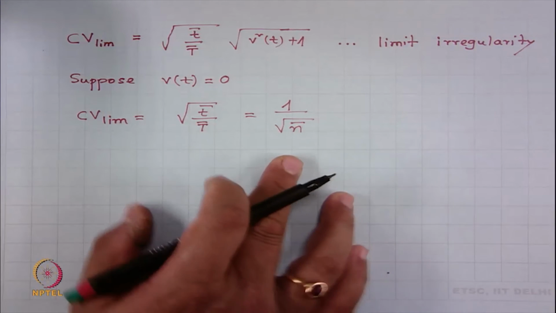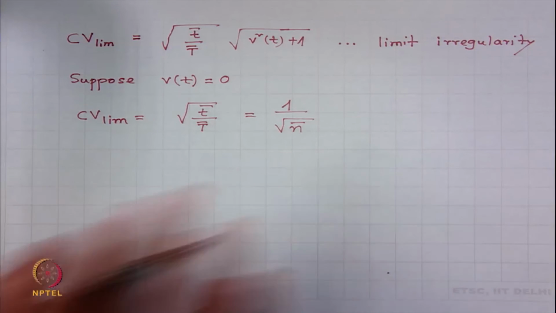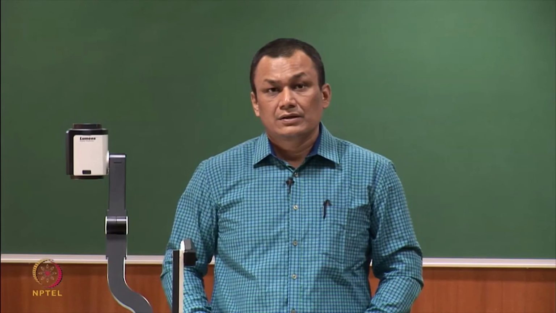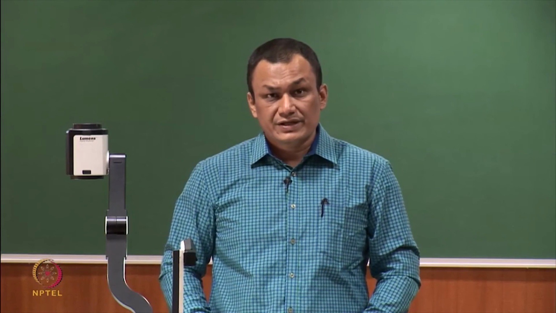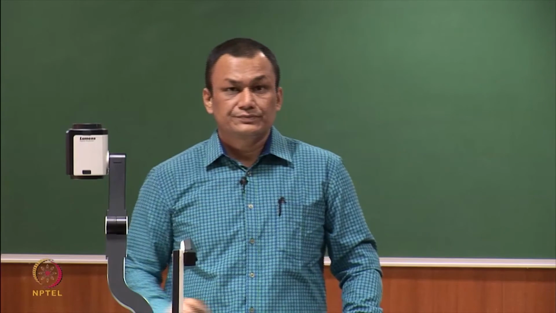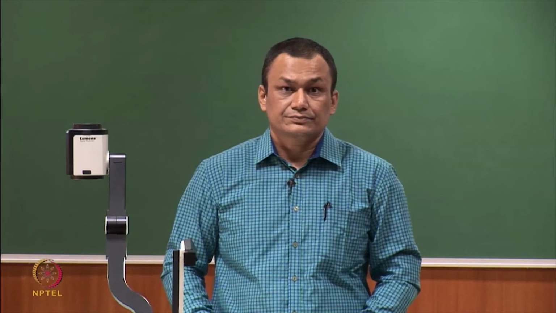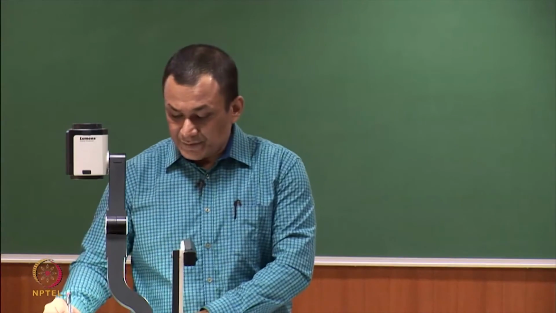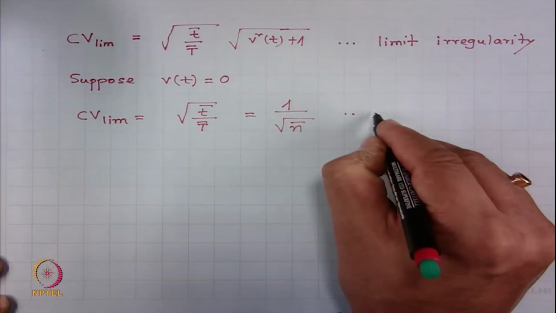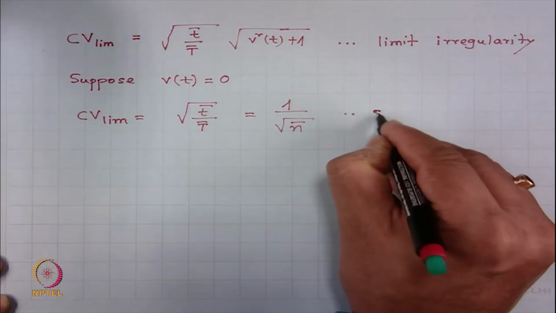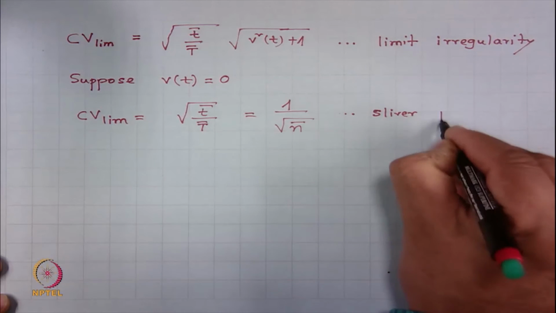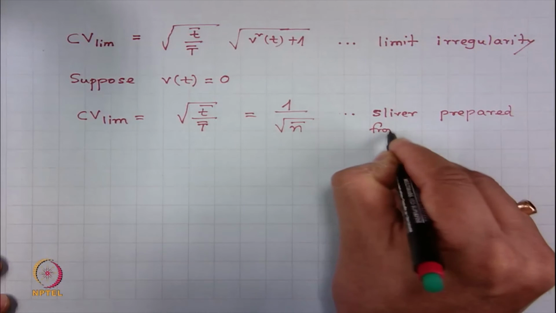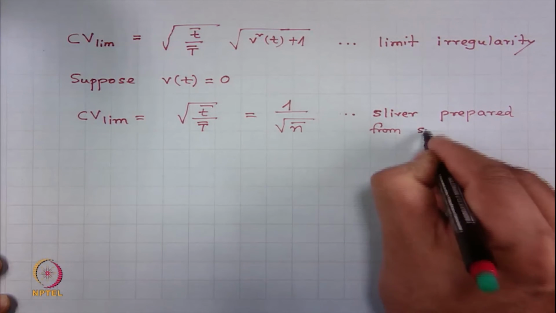This expression also you will see in many books. So, in this case one more assumption is considered, that is V t is equal to 0. So, often it is said that this expression is true for sliver prepared from synthetic fiber.